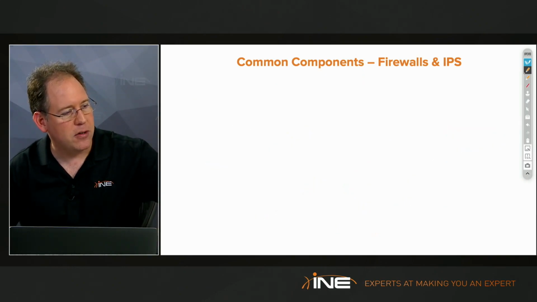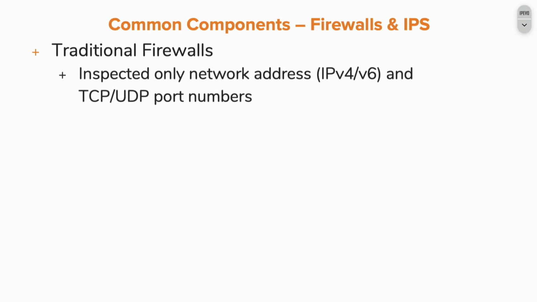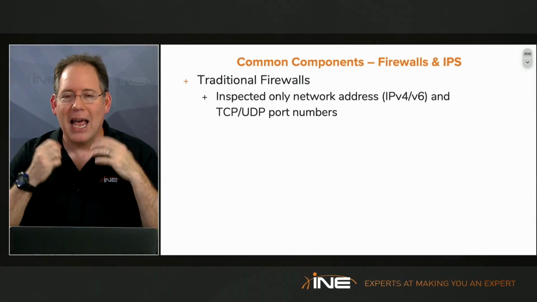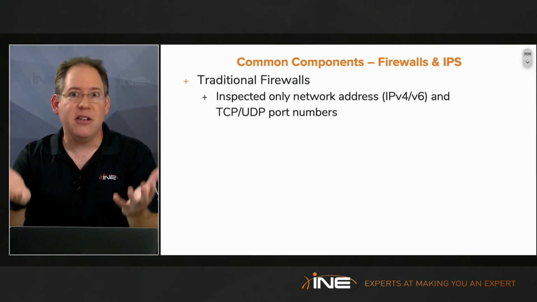Now, when it comes to firewalls, firewalls have greatly evolved over time. So originally there was something called traditional firewalls. What traditional firewalls did is they decided whether to allow data to go through or drop it based on the address of that information, where it was coming from and where it was going to. All information that you put onto a network has to be addressed in some way. Your laptop, PC, tablet, smartphone has a network address.